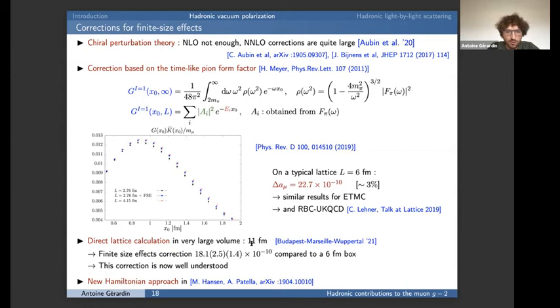And by comparing with the 6 Fermi box, they observe a correction of about 18 in these units of 10 to the minus 10, which is not very far from this estimate here. So I would say that now this finite size correction is quite well understood, at least at the percent level precision. Now, if we really want to reach the per mil precision, we probably need to reduce this error even more.